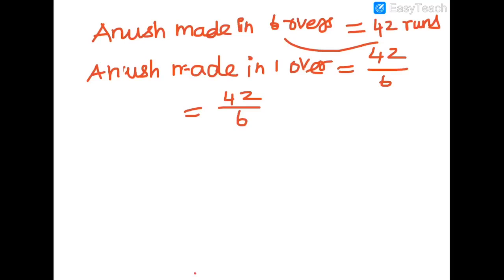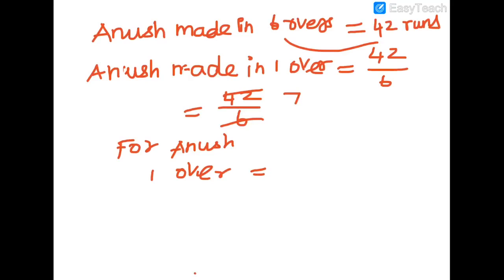So 42 divided by 6, we can divide. 1 6 is 6, 7 6s are 42. So for Anish, 1 over, each and every over, he gave 7 runs. So this is for Anish.